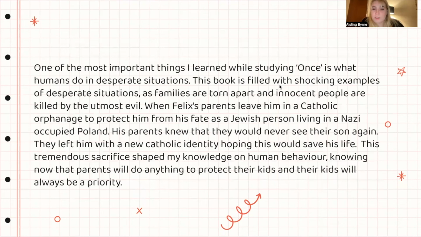So we mentioned here the book is filled with shocking examples of desperate situations because these people have been put in an unbelievable circumstance where their families are being torn apart, innocent people are being brutally killed by evil forces, and people are sacrificing their religion as well because they're being sent to Catholic orphanages to hide the fact that they're Jewish, to protect their survival. But also they're not really protecting their faith in that case because they're switching their religious beliefs.